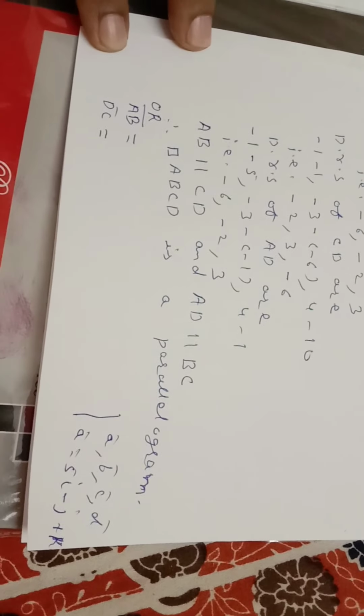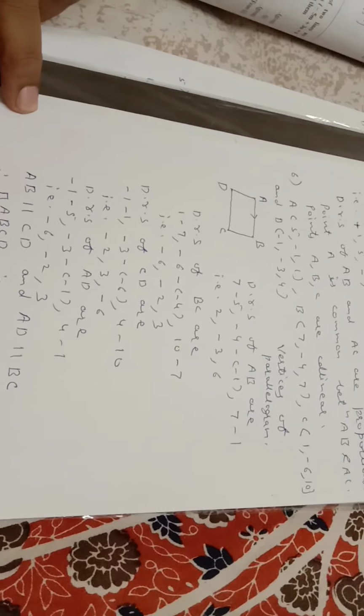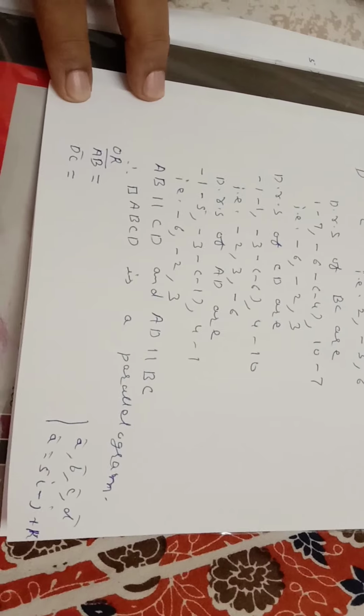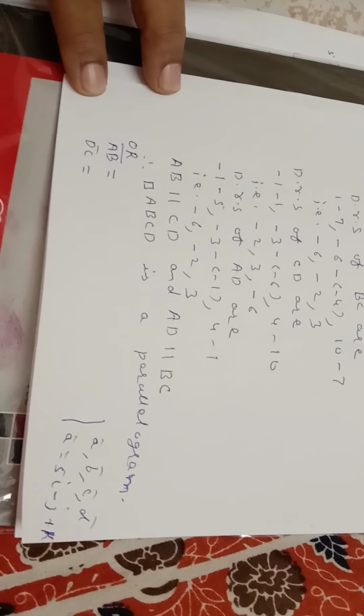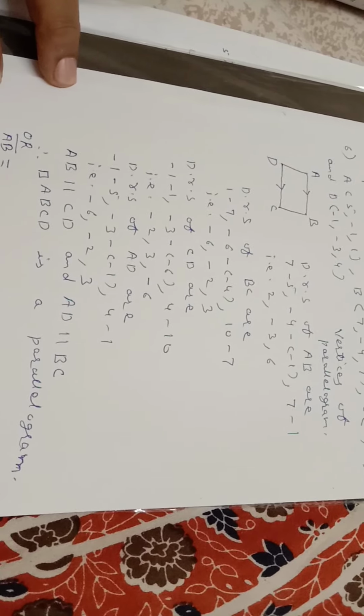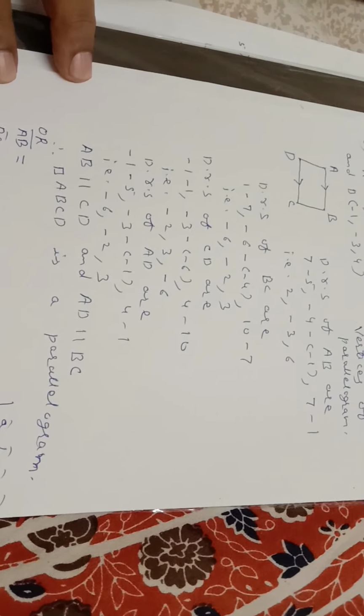After that, AB bar, vector directed from point A towards point B. DC bar, vector directed from point D towards point C. Here, A is initial point, B is terminal point. DC bar, D is initial point, C is terminal point.